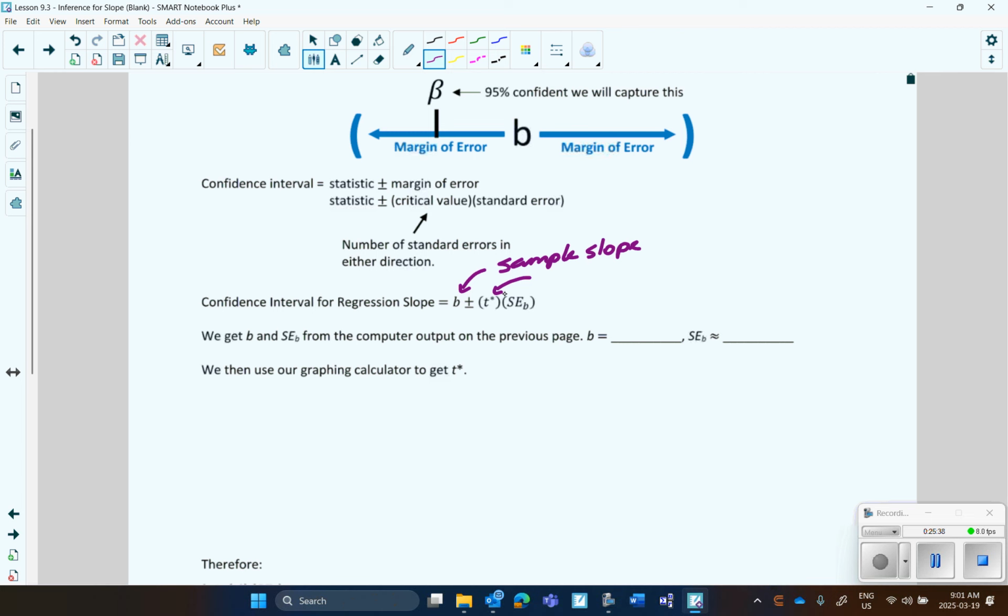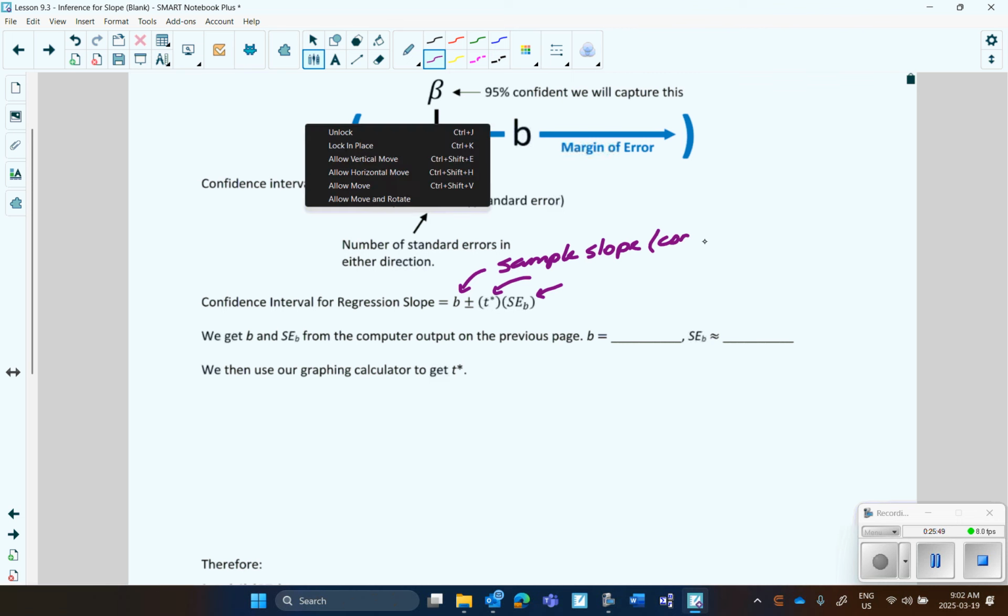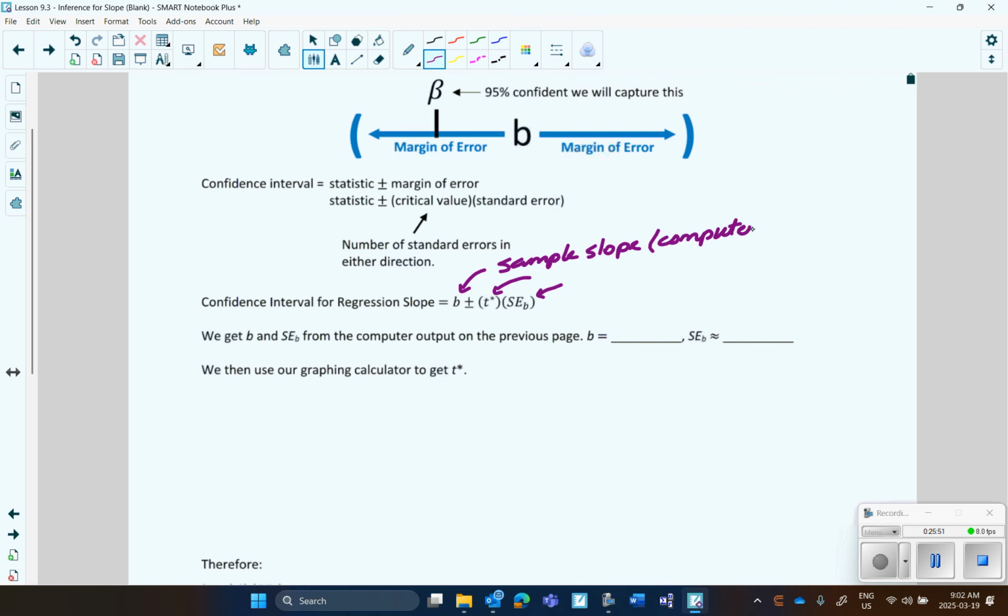This is the standard error of the sample slope. You'll see this on the computer output, and you will see this on the computer output.